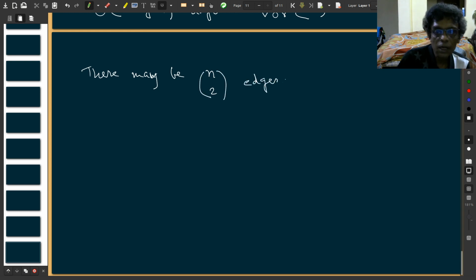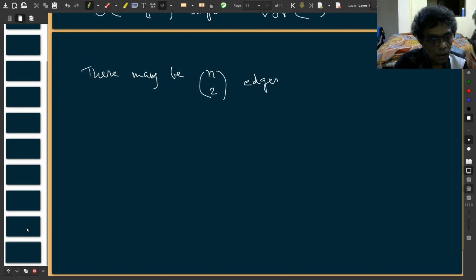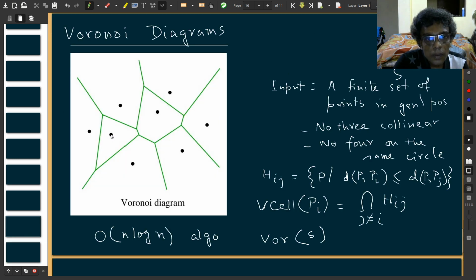Okay, let's once again look at this picture. So, this and this share this edge, and this is basically the perpendicular bisector between this and this. This and this share this edge. This is the perpendicular bisector of this line.